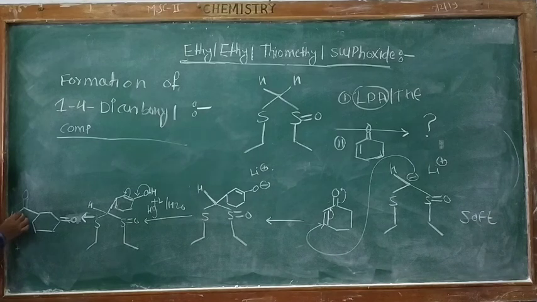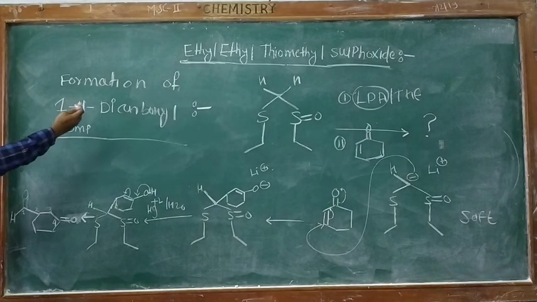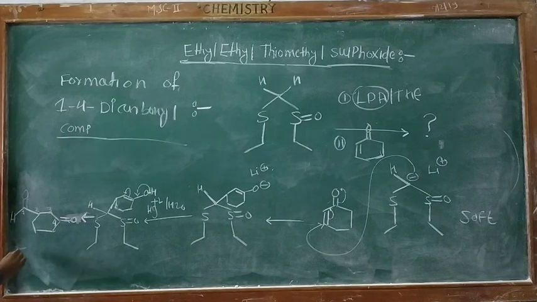Now see here, this is the 1 position, this is the 2 position, this is the 3 position, and this is the 4 position. Okay, so the main application is that a 1,4-dicarbonyl compound is generated here. So this is the 1,4-dicarbonyl compound.